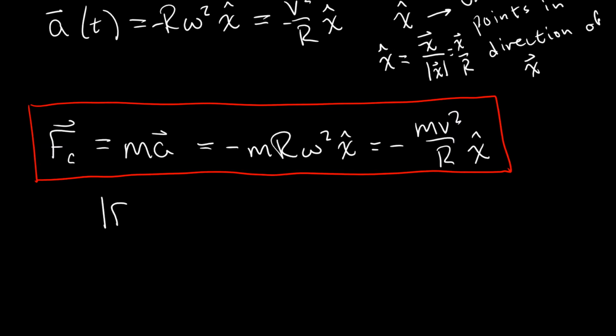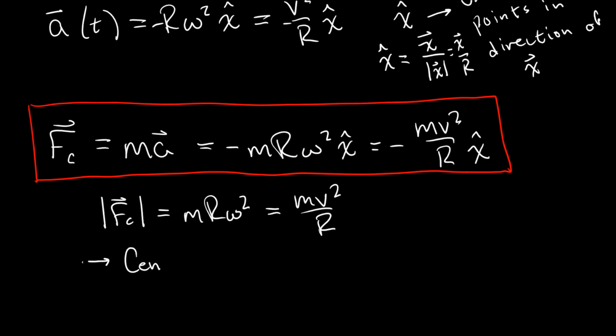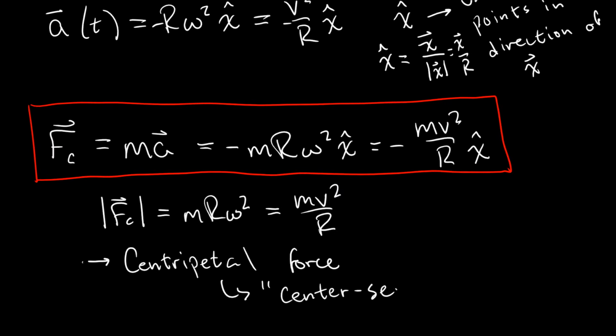And that is just the magnitude, which is m r omega squared, which is m v squared over r. And this is known as a centripetal acceleration, or centripetal force. Centripetal meaning center seeking.